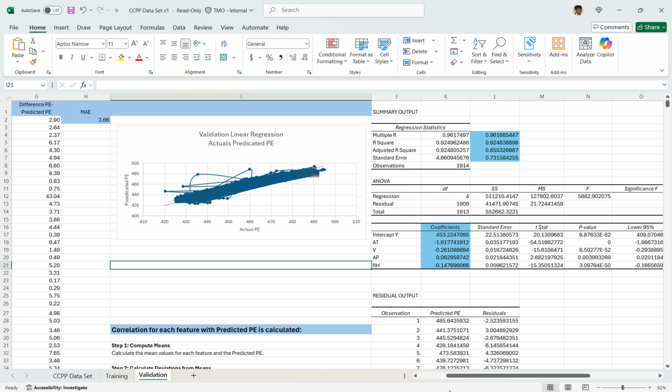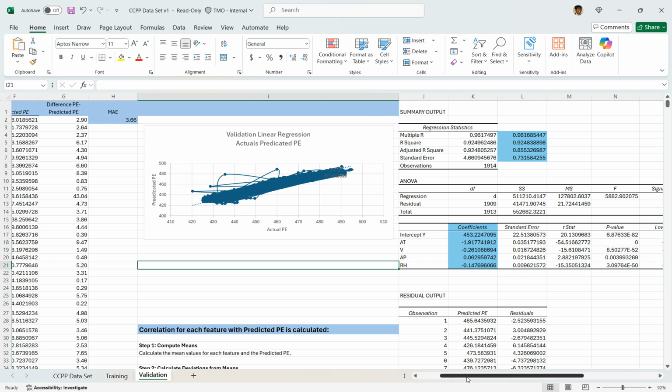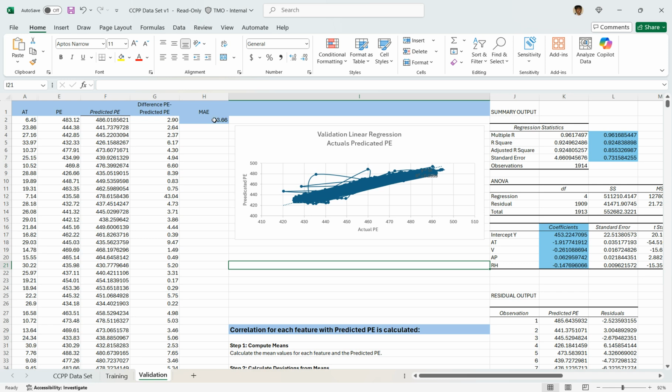And for the validation, you will notice that my mean is 3.66, the same data set, different values. The training model actually had 80%. The validation model had the remaining 20%, and this is actually the standard when you're working with linear regression.